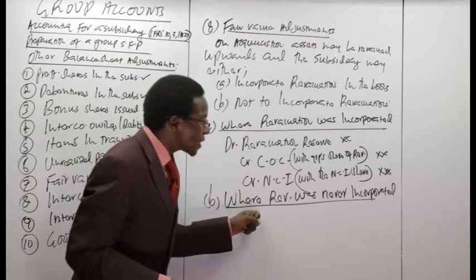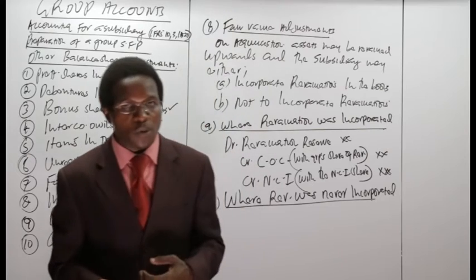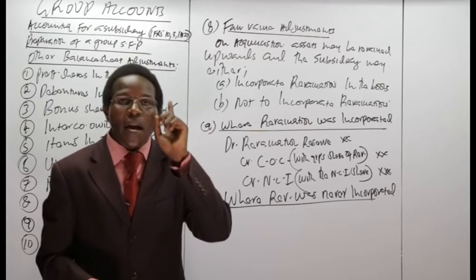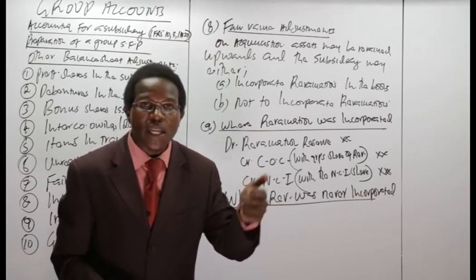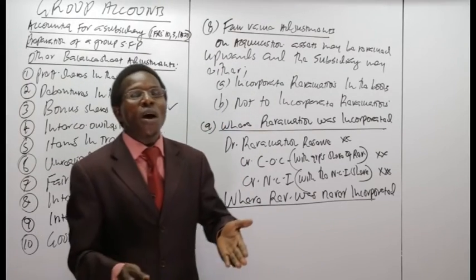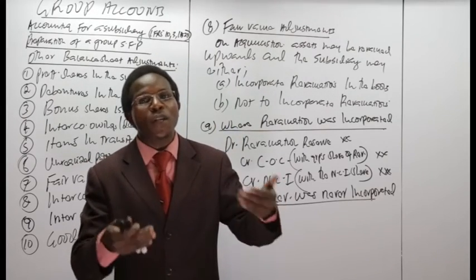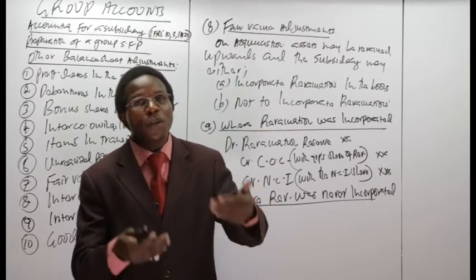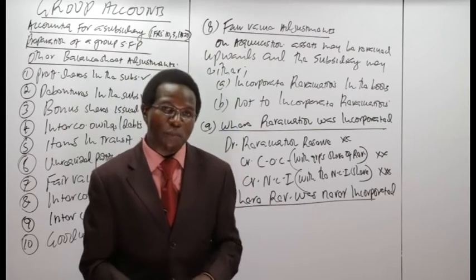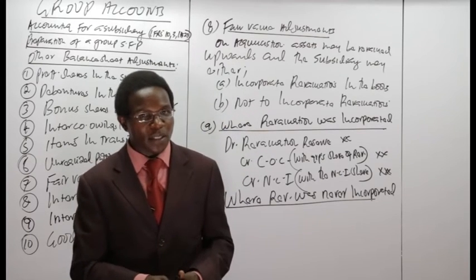So if the asset was revalued but the revaluation was never incorporated in the books, then depreciation was calculated based on the original cost instead of the revalued amount. Secondly, if you depreciated using the original cost, then you underprovided for depreciation. If you underprovide for depreciation, you overstate the assets, you also overstate the profits. So you must do the necessary adjustment to that effect.